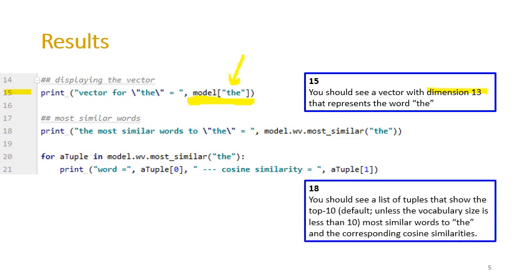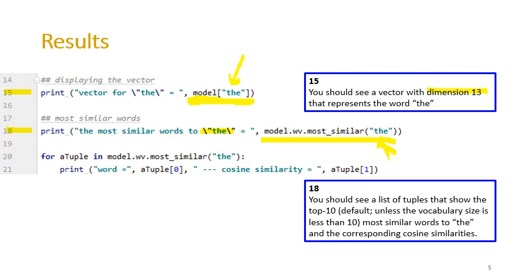And then on line 18, I simply print out the most similar words to the word "the". This is how you call the command: model.wv.most_similar, and then in the parentheses you write the word "the". This will return the top 10 most similar words to "the", as well as the cosine similarities.